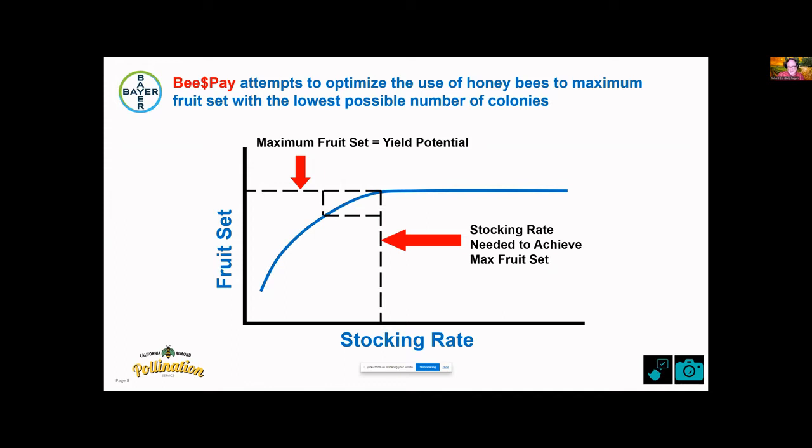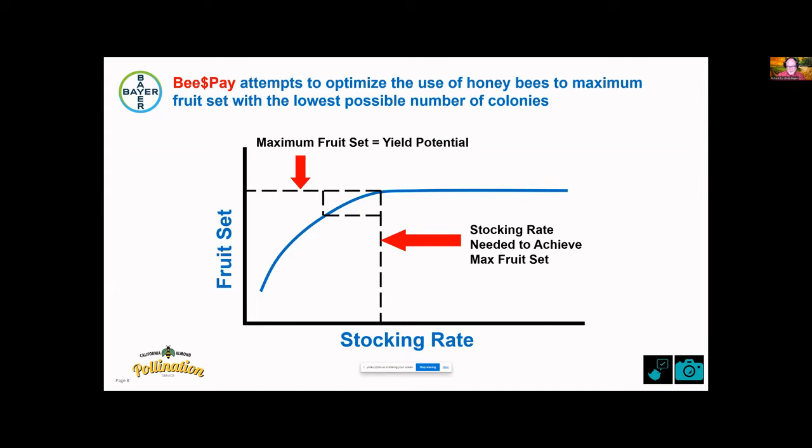So in other words, you can't get a greater yield than this maximum fruit set. Achieving a final yield that is equal to yield potential is nearly impossible. However, maximizing fruit set is a good starting point toward maximizing yield.